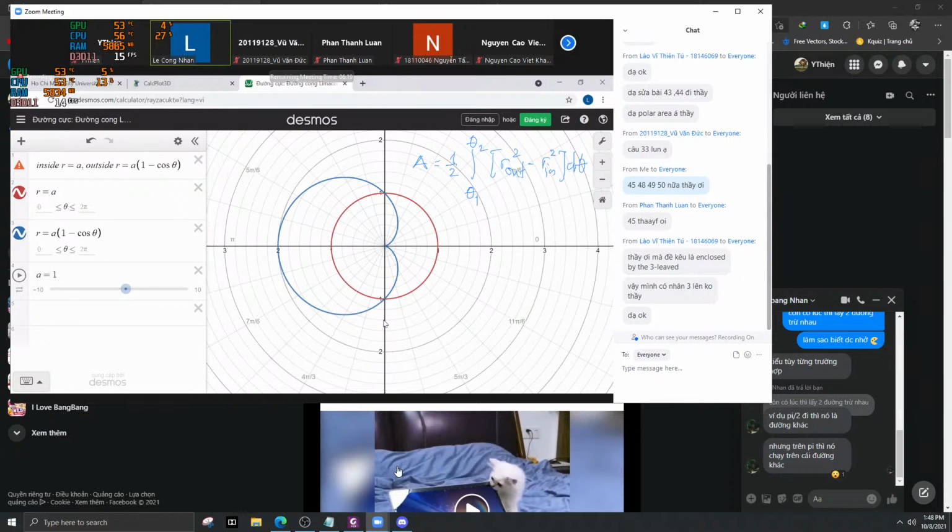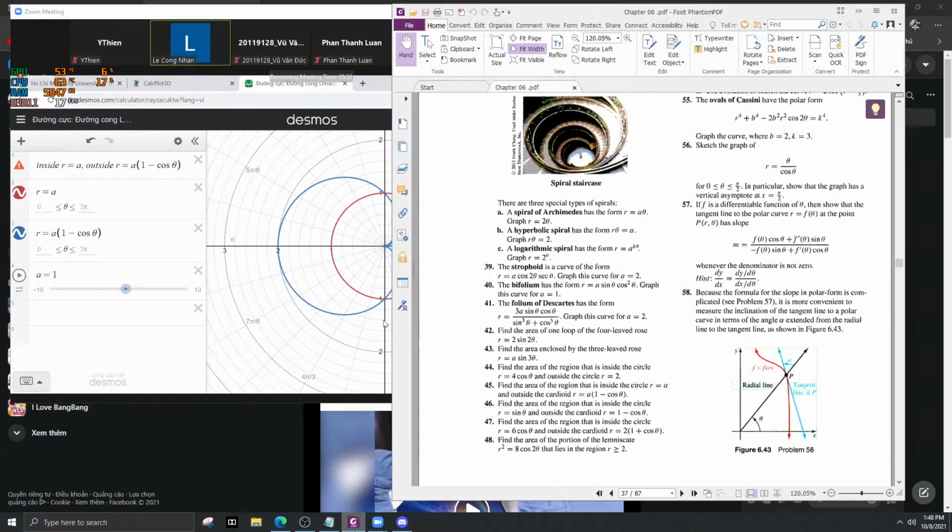If I draw a line like this, the outer radius lies on the circle, so we have the outer radius as the equation r equals a. What about the inner radius? The inner radius lies on the blue curve, that is the cardioid, r equals a times 1 minus cosine of theta.